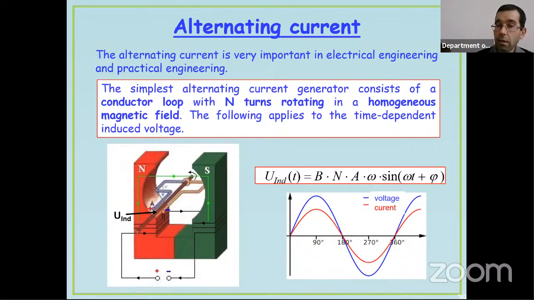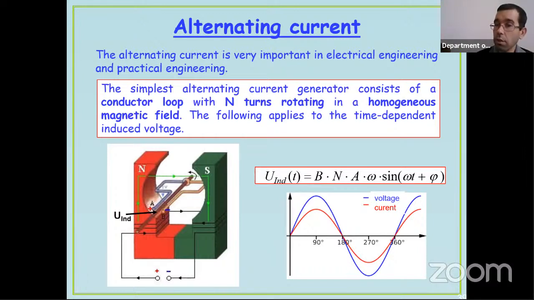If we think back to the first option, it explains how we can create alternating current. The simplest generators contain a conductor loop with many turns, positioned in a homogeneous magnetic field, and that's how we get a sinusoidally changing induced voltage.